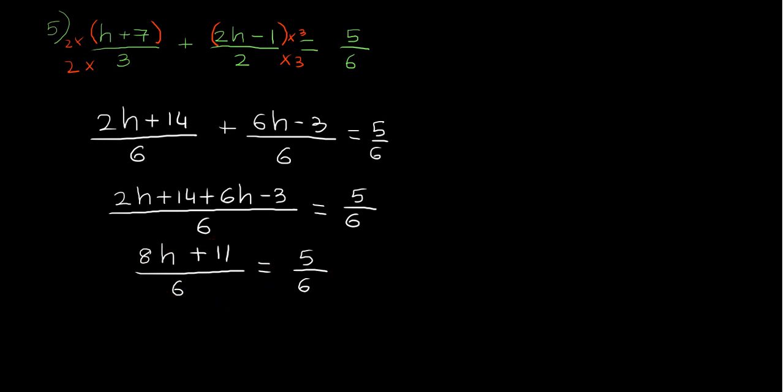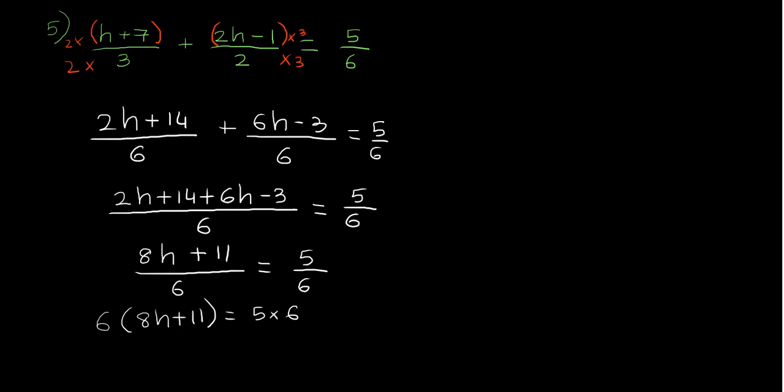So I can multiply this 5 by this denominator, which is 6, and I can multiply 8h plus 11 by this denominator, which is 6. So let's go ahead and do that. 6 times (8h plus 11) is equal to 5 times 6.